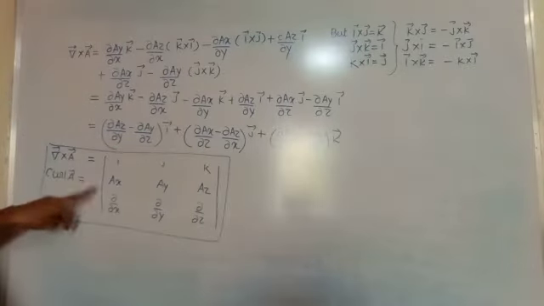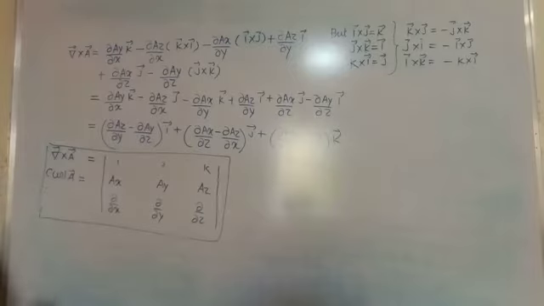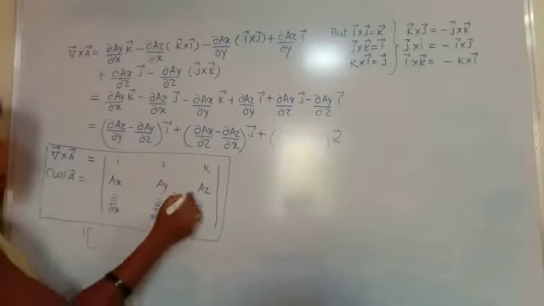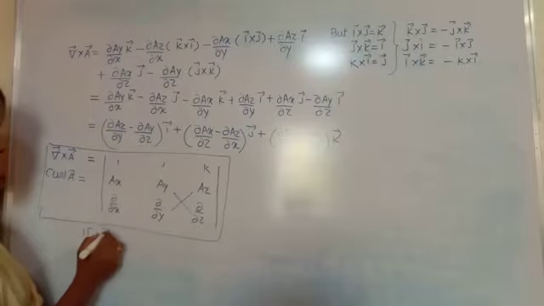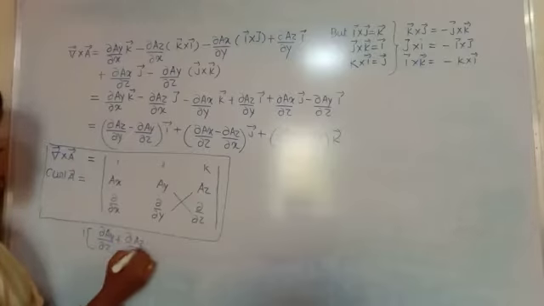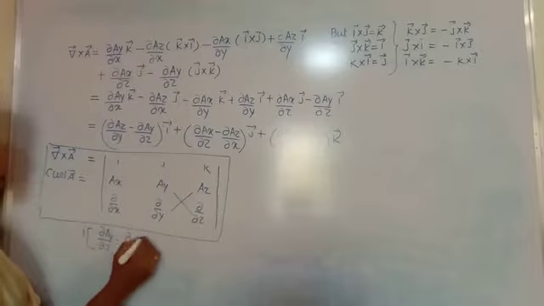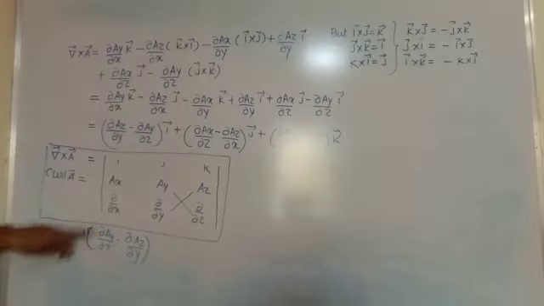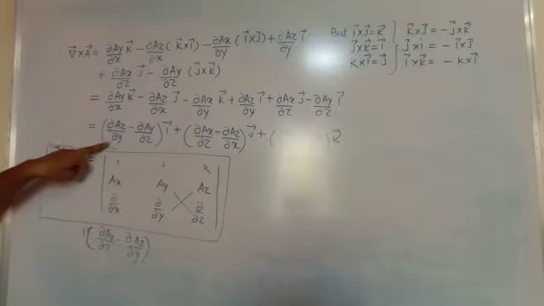After this, if we simplify, we get the first term, the i term, del Ay by del z and del Az by del y.